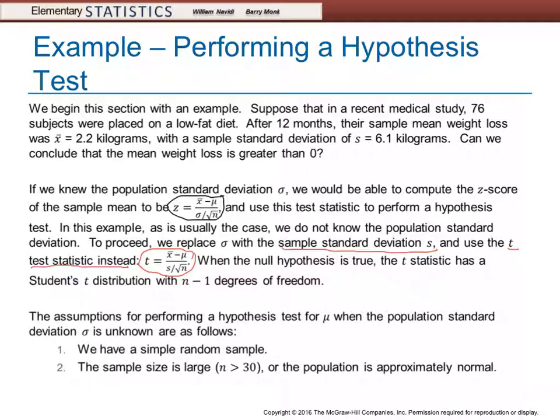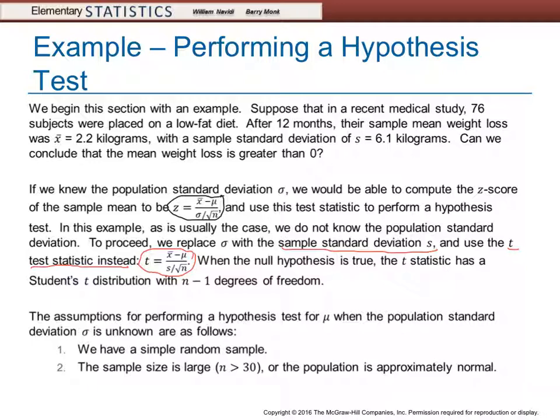When the null hypothesis is true, the test statistic has a student t distribution with n minus 1 degrees of freedom. So now we're using the t distribution for our sampling distribution for x bar.